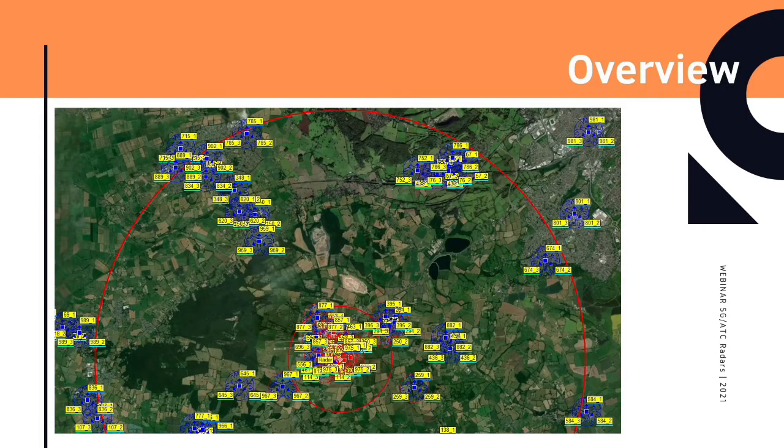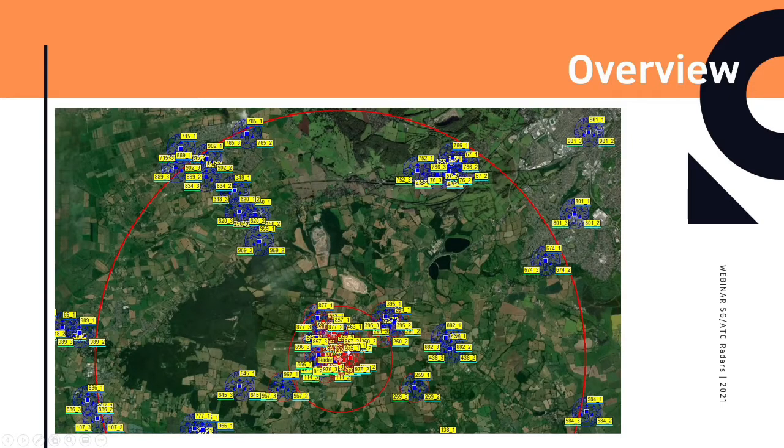So this is the model we're trying to construct, and we're going to do this together today. The airport is in the middle of the screen here, and then you've got the radar, and we've got the 5G sites. And that first red circle is the 1.5 kilometers, and the second red circle is the 7 kilometers.